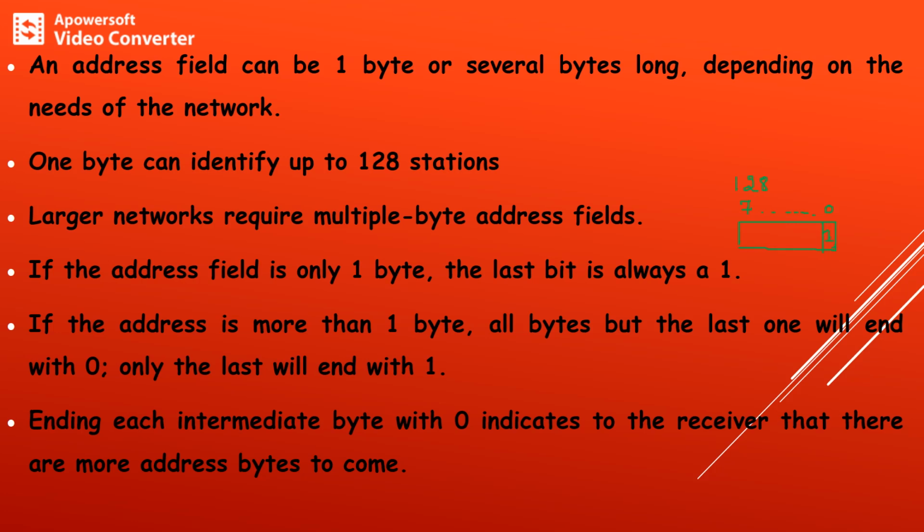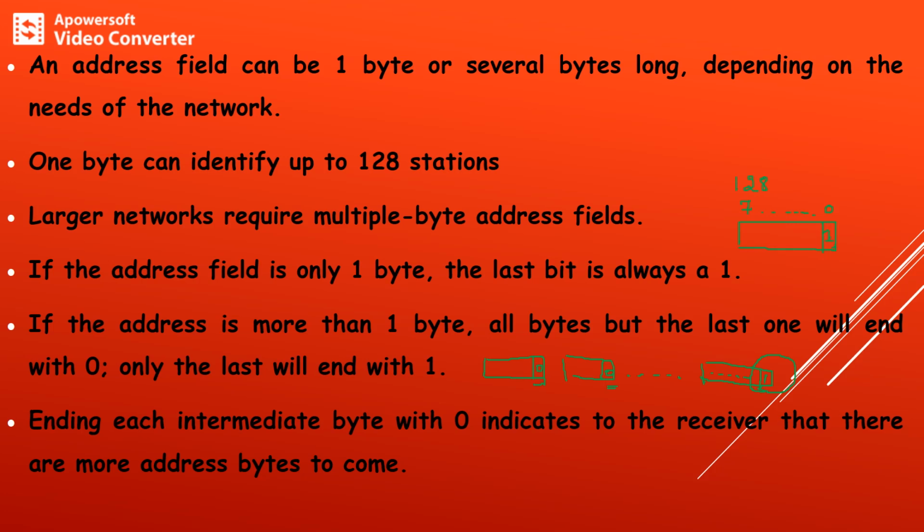Suppose the address field carries more than 1 byte of information, at that instant all the bytes will end with 0 and the last one will end with 1. So all the bytes' last bit will end with 0 but the last byte's last bit will end with 1.